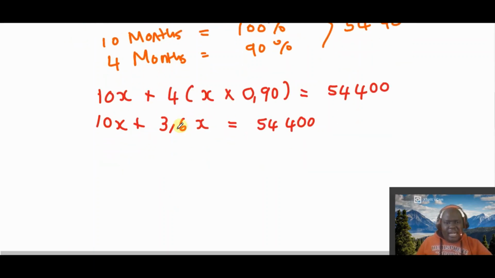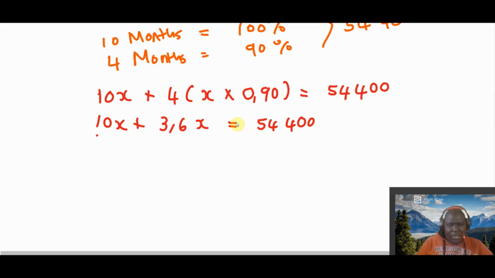And then once we've done that, we'd have to group the like terms together and divide, because this is the x that we are looking for. We want to be able to find out how much these people were paying before the reduction took place.